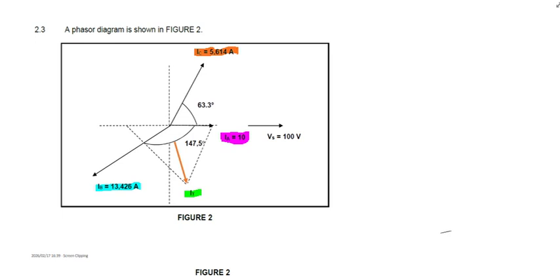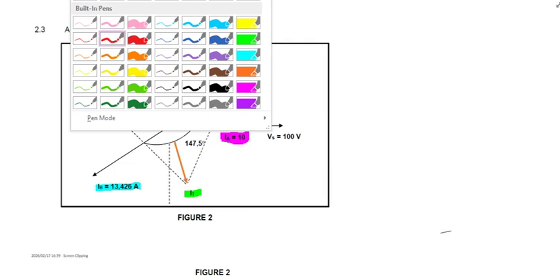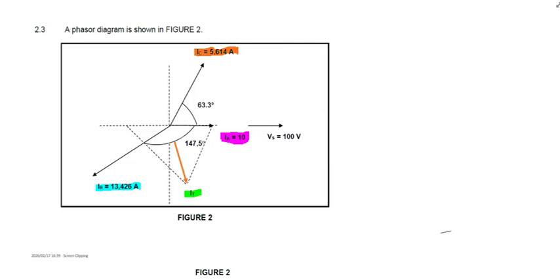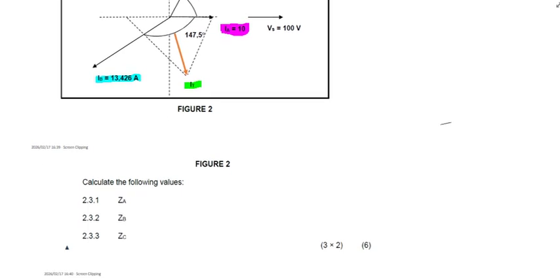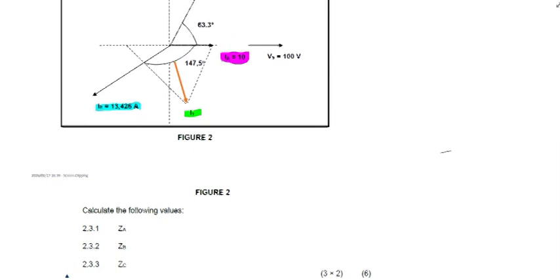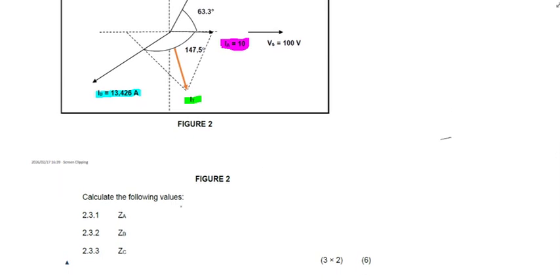Now let us look at how to solve these questions that come up with this question there. So you've got the currents and you are required to calculate ZA. You're also required to calculate ZB and ZC.